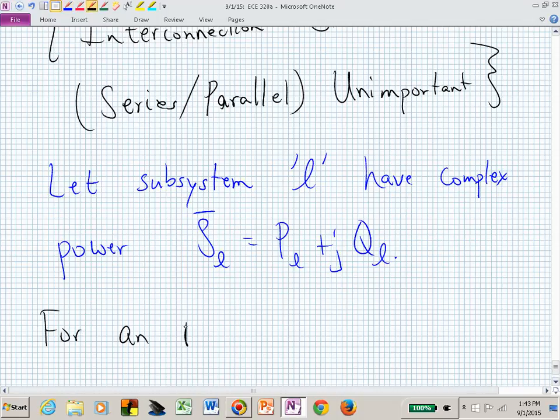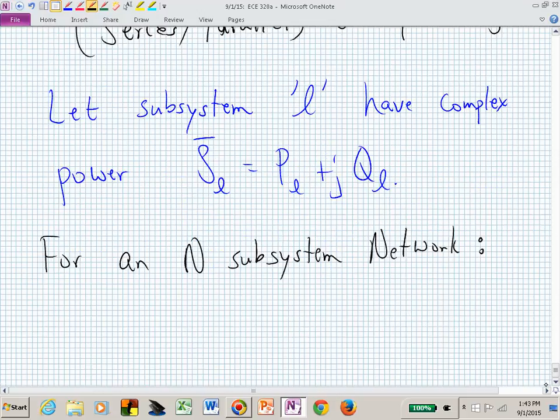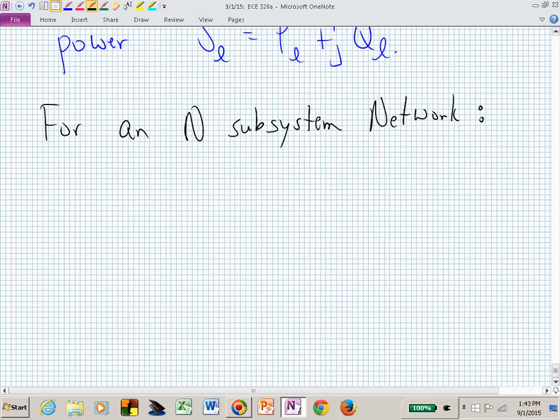For an N subsystem network, we now have N subsystems in our total network.